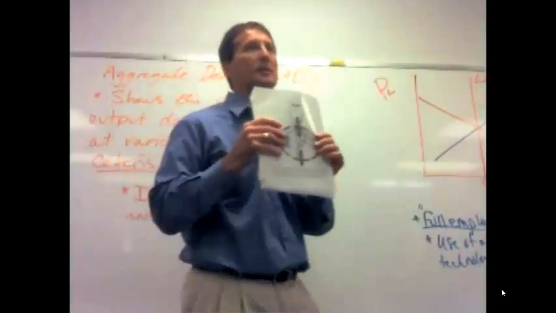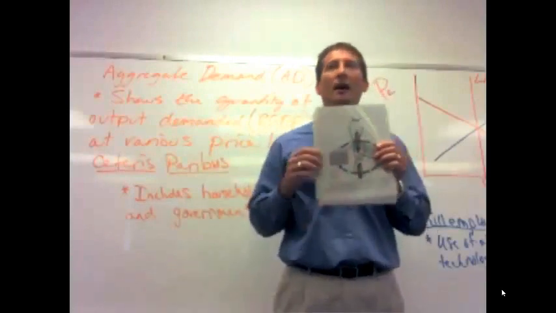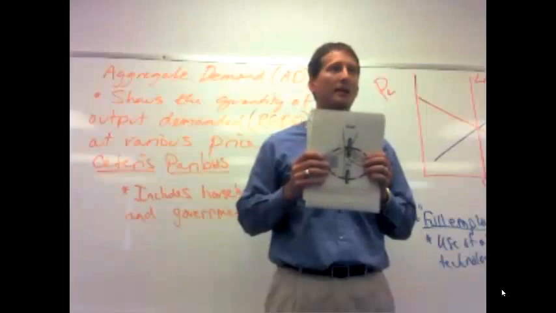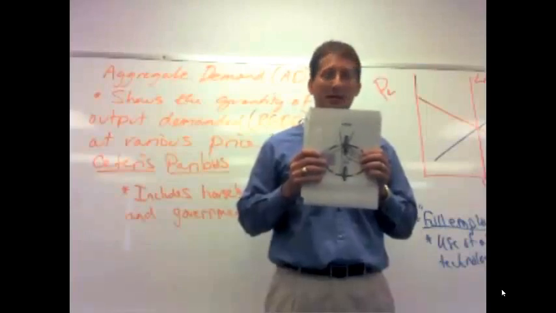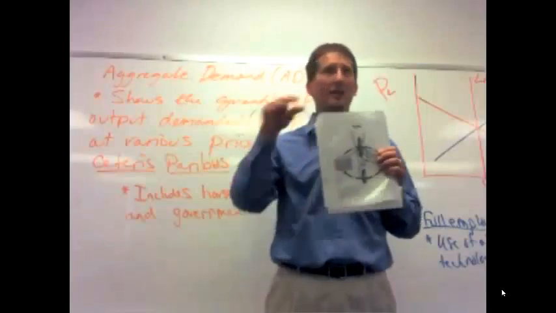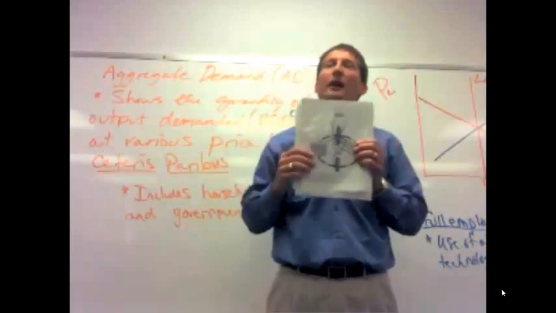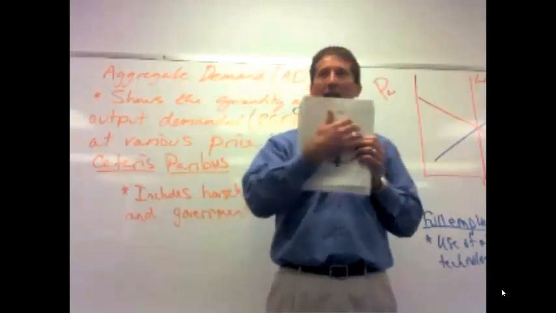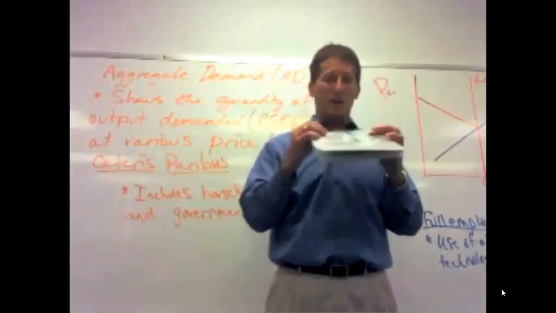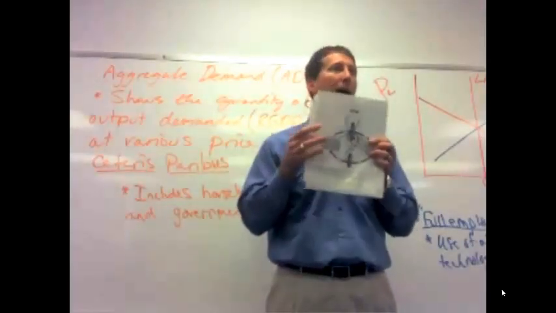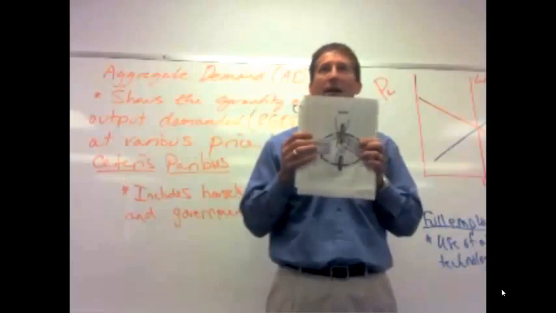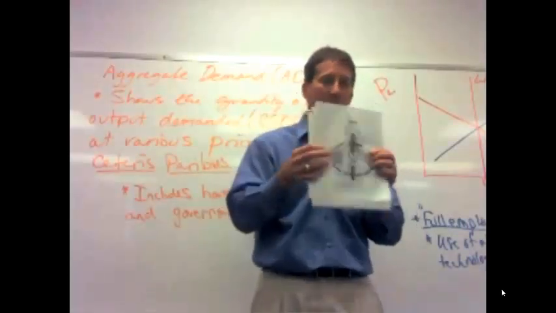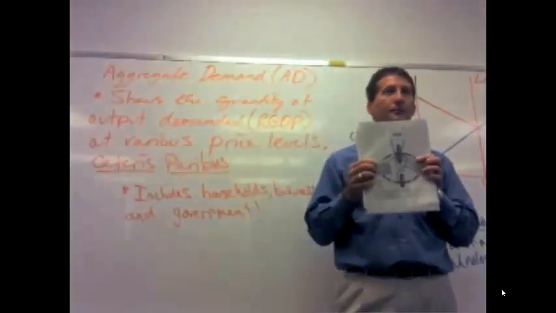Households represent 70% of GDP. How much is GDP for our nation roughly? 14 trillion, yes, 14 to 15 trillion, right in that range. About 70% of all of the income and or total spending for the nation is done by households buying stuff. That's why household spending is an important component to the macro economy.